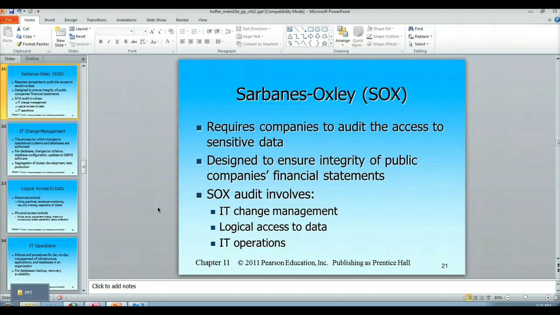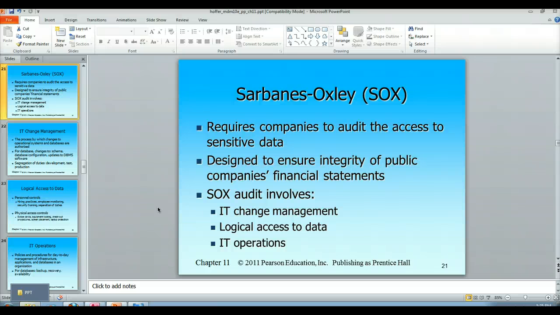So first of all, it requires companies to audit the access to sensitive data, which means on a regular basis, companies have to perform an audit to see who has access to their sensitive data and who has been accessing their sensitive data. The idea is to ensure integrity of public companies' financial statements.